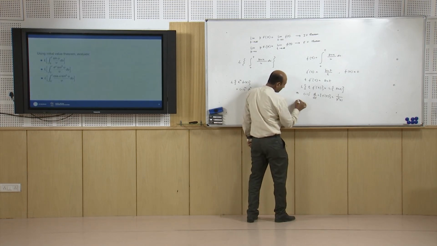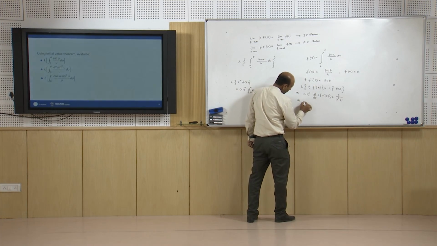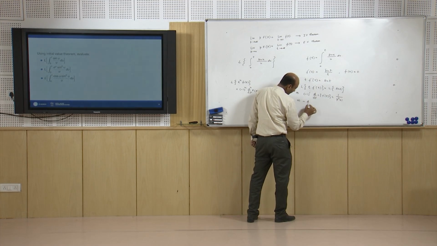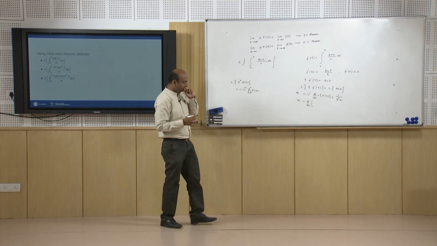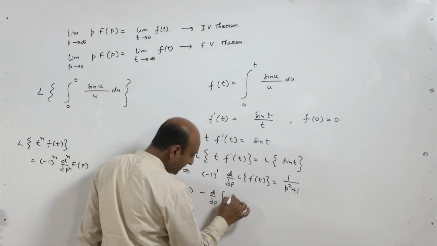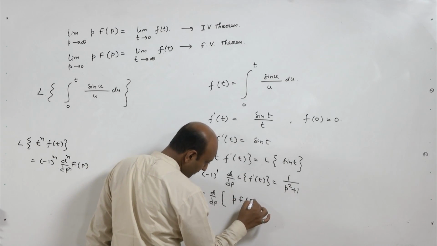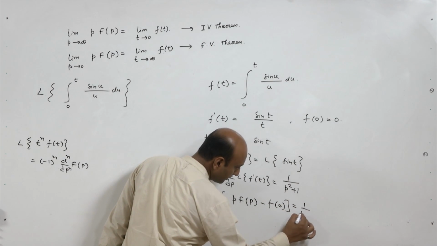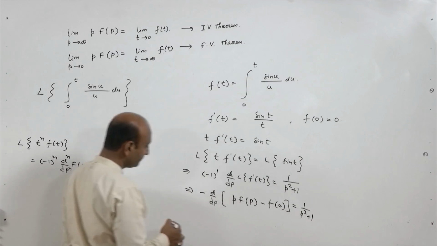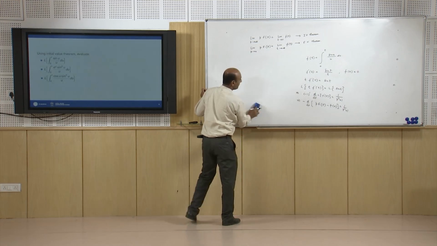Now this is further equal to minus d by dp of the Laplace of f dash t, and the Laplace of f dash t is p F(p) minus f(0), equal to 1 upon p square plus 1, okay.